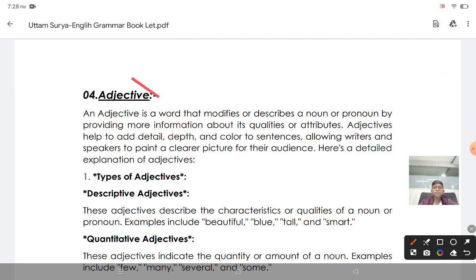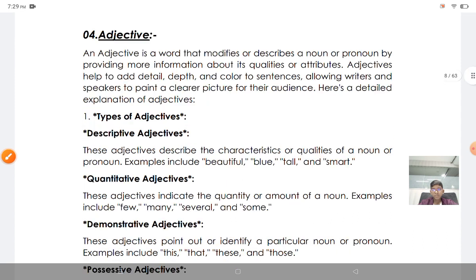An adjective is a word that modifies or describes a noun or pronoun by providing more information about its qualities or attributes. Adjectives help to add detail, depth, and color to sentences, allowing writers and speakers to paint a clearer picture for the audience. Here's a detailed explanation of adjectives.